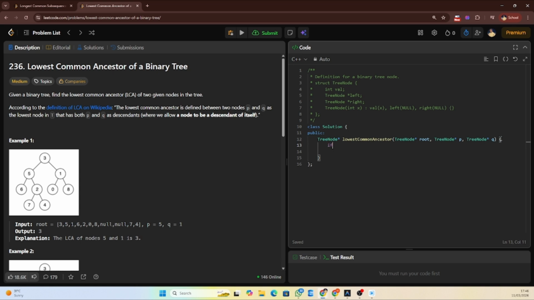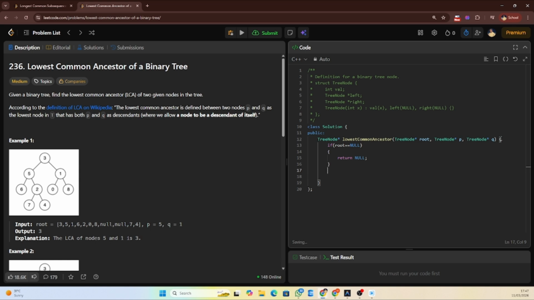First of all, if root equals null, what does it indicate? It indicates return null. There is nothing to think. Return null.